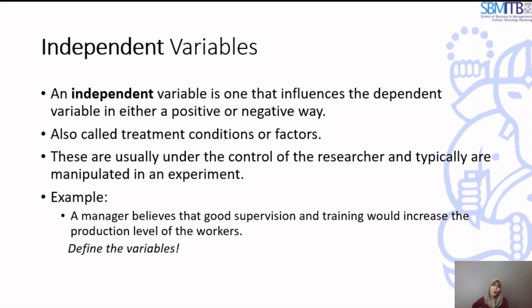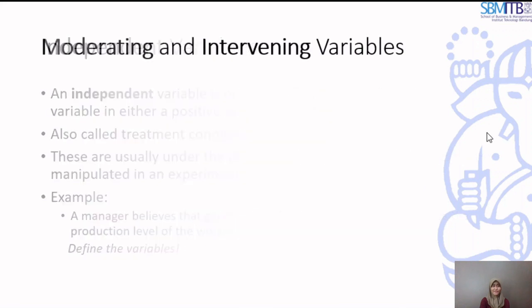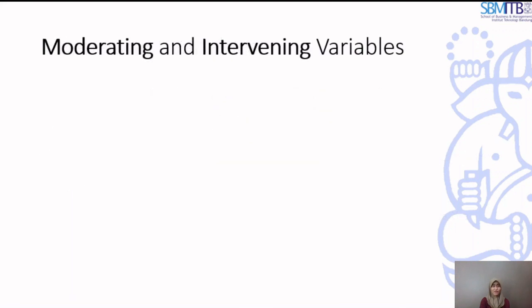In this case, I propose the dependent variable of production level of the workers. The independent variables are the ones that influence the production level. There are quality of supervision and quality of training. Easy, right? Now let's move to the optional variables, moderating and intervening or mediating variables.